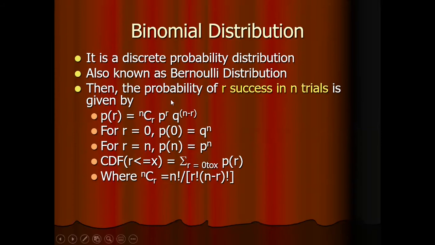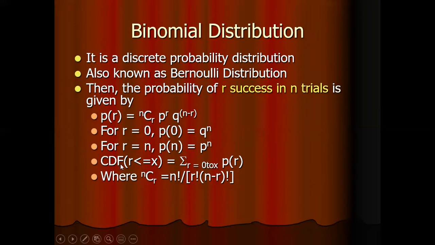The probability of r successes in n trials is given as nCr p to the power r and q to the power n minus r. For 0 successes in n trials, the probability is q raised to the power n. For n successes in n trials, the probability is given as p raised to the power n.